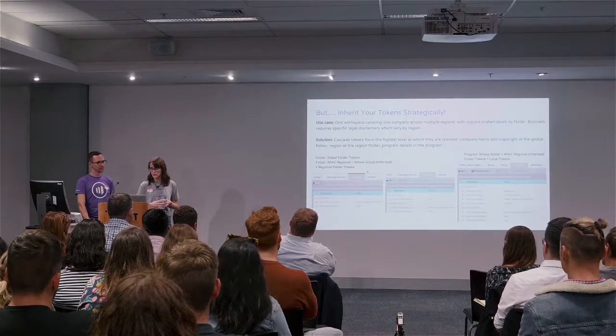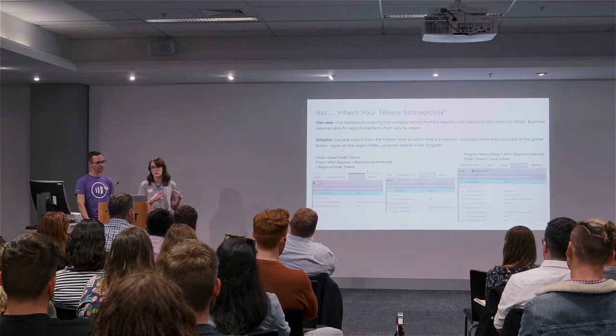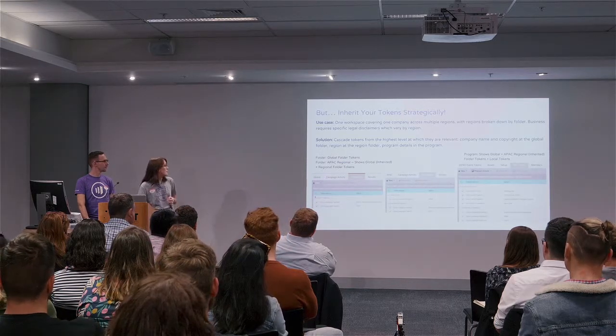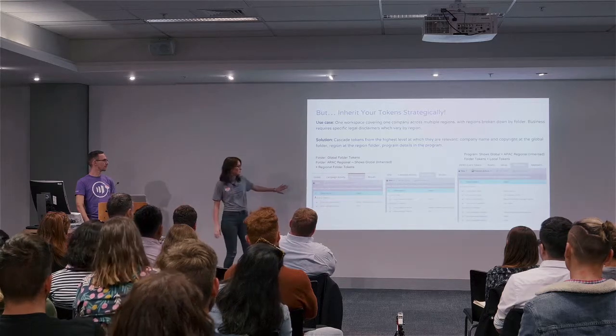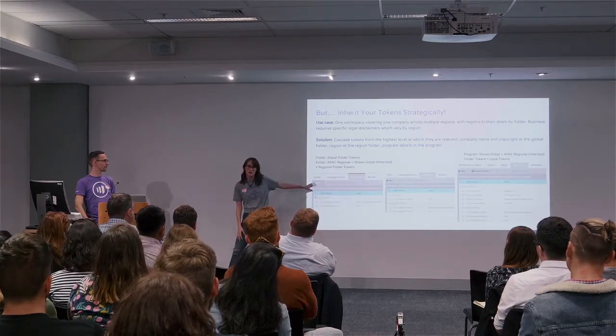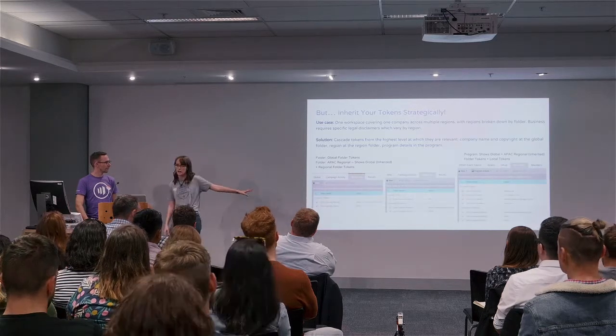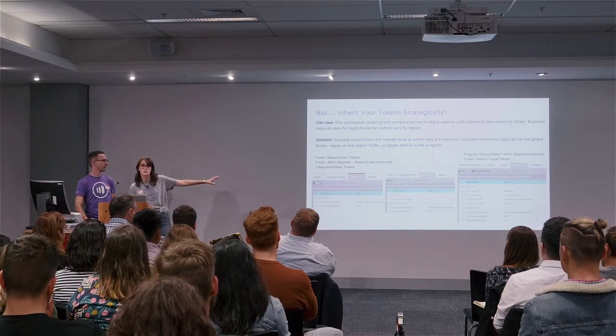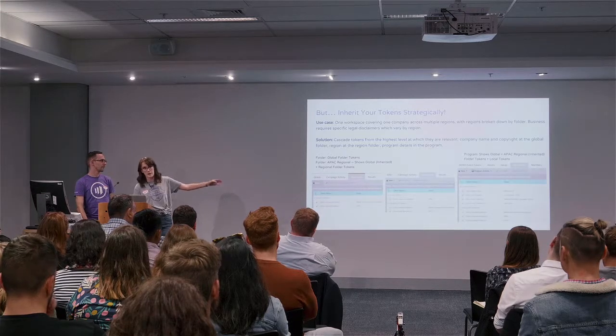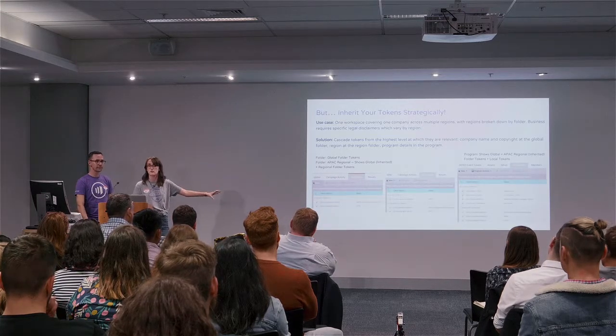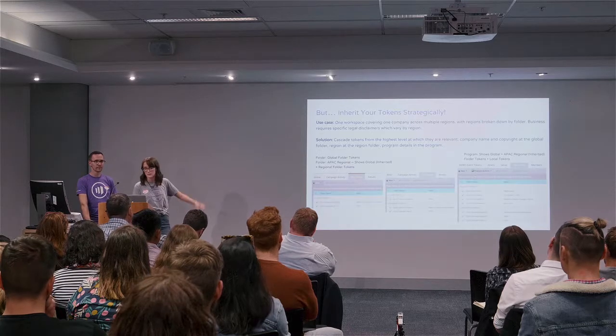Start cascading those at those folders, and you'll see in these examples that we've got 3 levels going down. We've got the parent folder level where you can see local tokens but no inherited tokens, and then local tokens and inherited tokens. And then at the final level, we're looking at a program where that program has local tokens specific to that program and has inherited all of the tokens from its parent folders up.